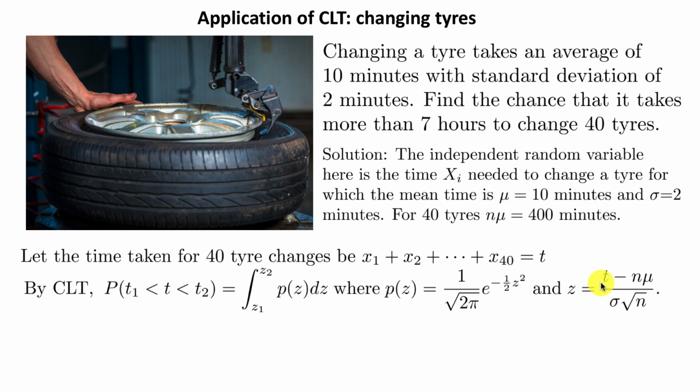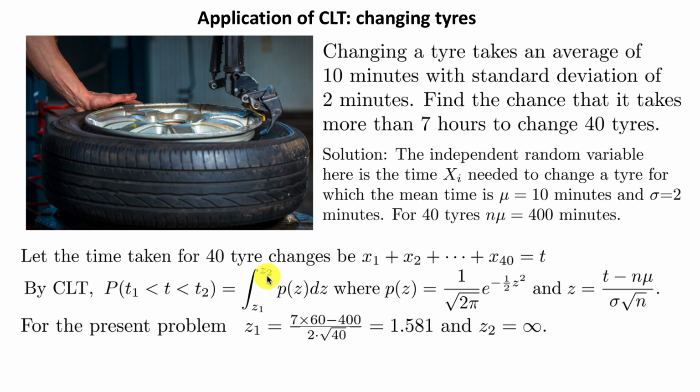Remember, the question that we are asked is find the chance that it takes more than 7 hours to change so many tires. So this over here must correspond to 7 hours, and there's no limit to this, and so therefore this z2 will be infinity.